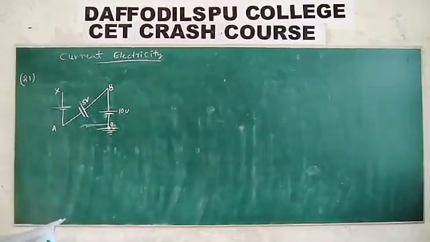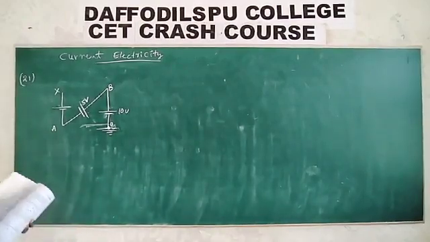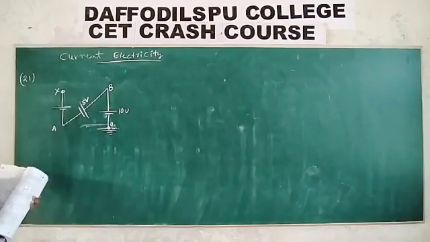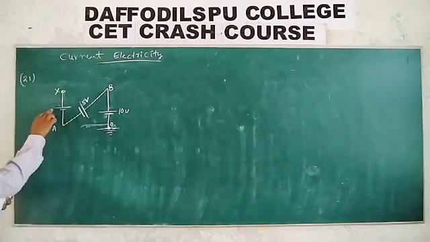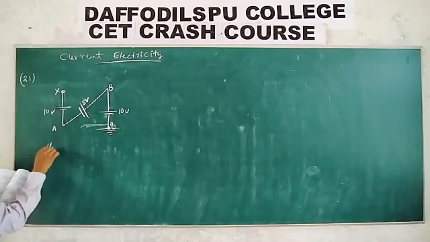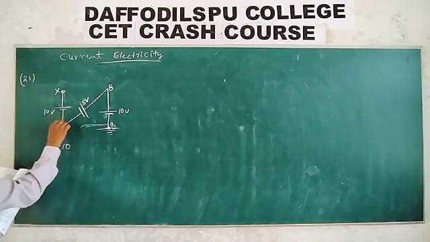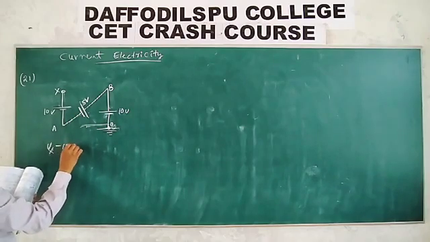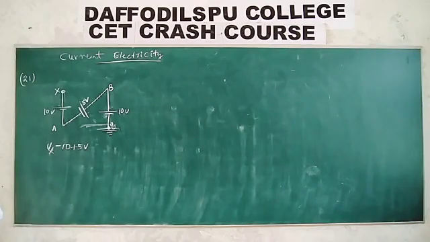Now, there are no resistors in this path, so we need not worry about the current flowing. But they are asking to find the potential at X. When you move from here, it is 10 volt: Vx minus 10 volt. Again from here you take plus 5 volt.